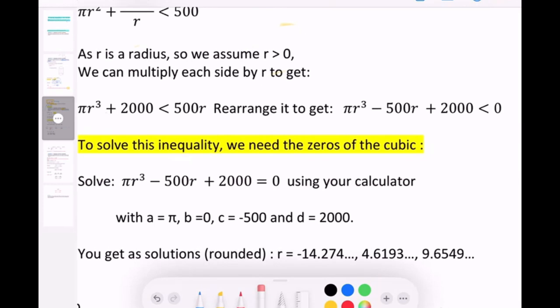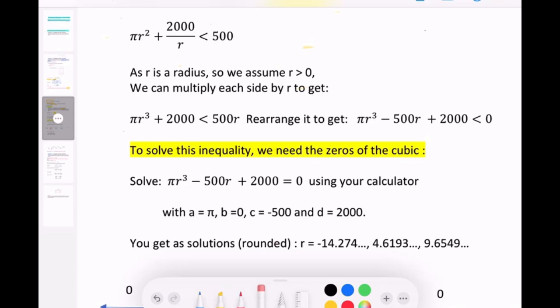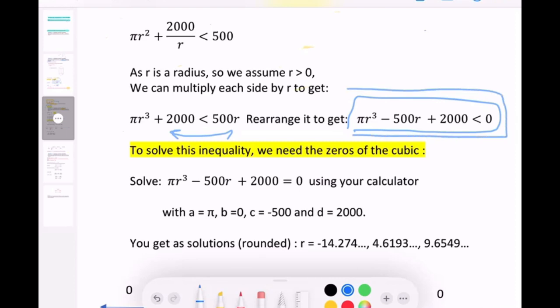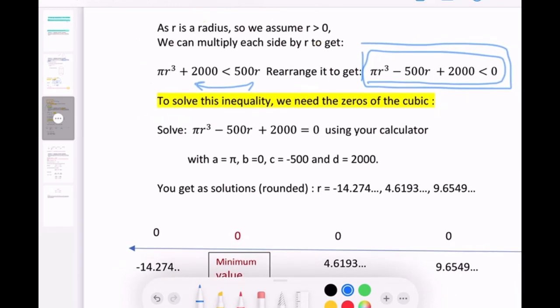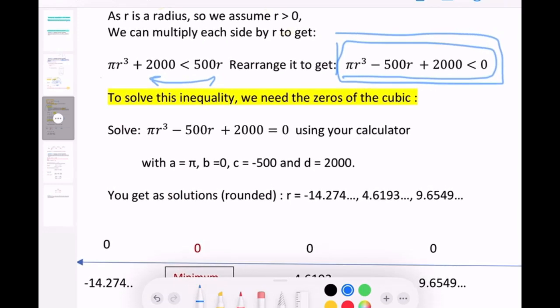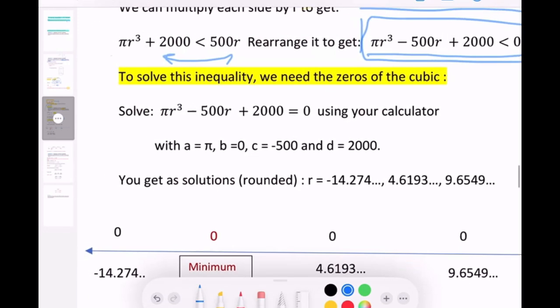We rearrange it and we get this expression. It's just moving 500r to the left with a negative sign and writing it down in standard form. Now, to solve this inequality, we need the zeros for the cubic, which are the solutions of this equation.